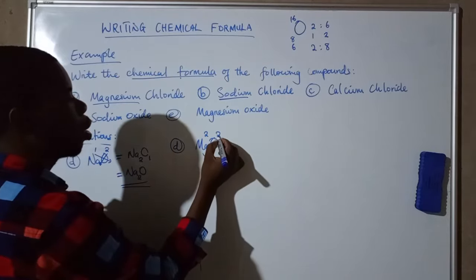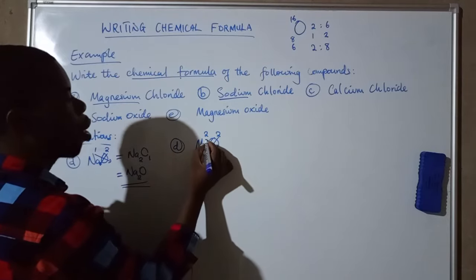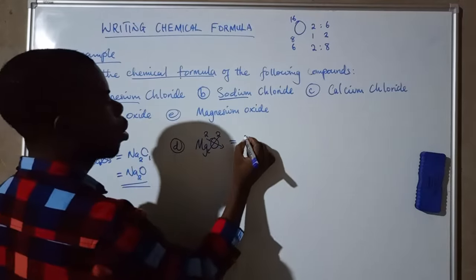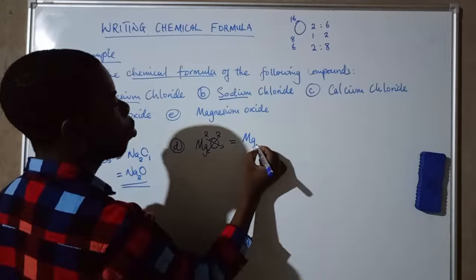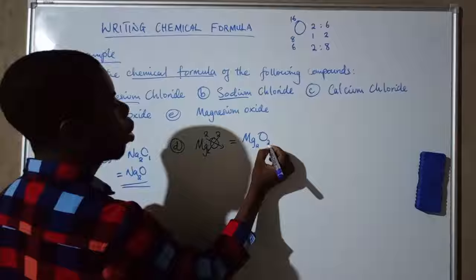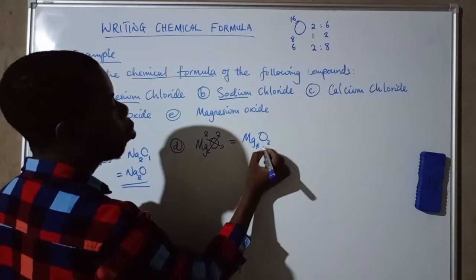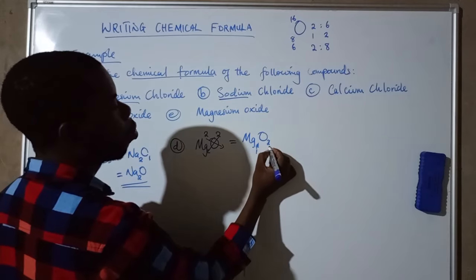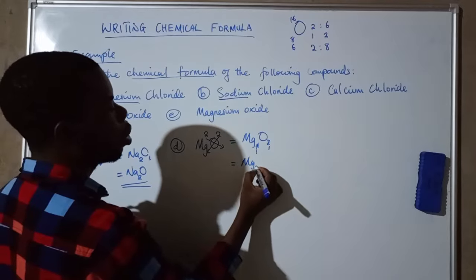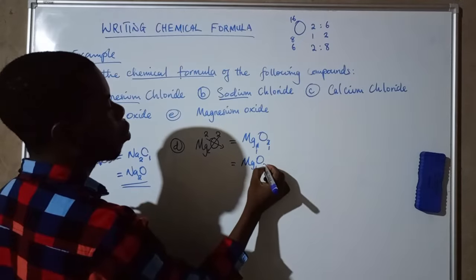So also we can swap, this one comes there, this one goes there, so that it becomes magnesium with a 2 here, then oxygen also with a 2 here. Now 2 and 2 into 2, 1, 2 into 2, 1. So this one reduces technically to magnesium 1, then oxide 1.